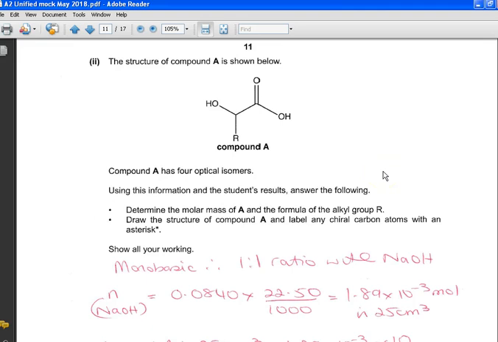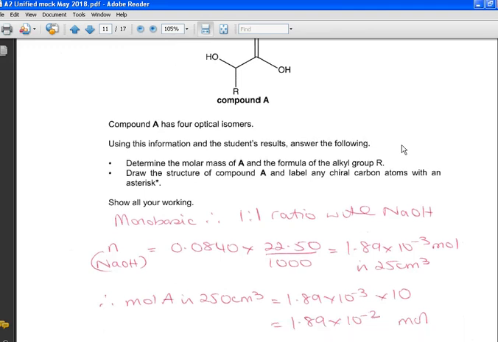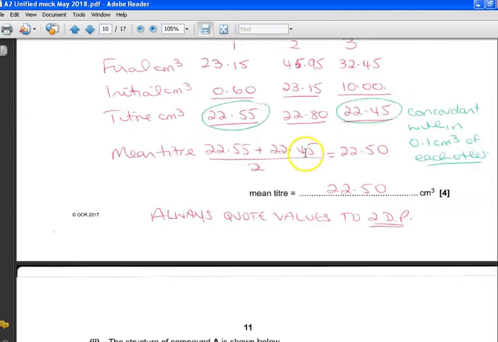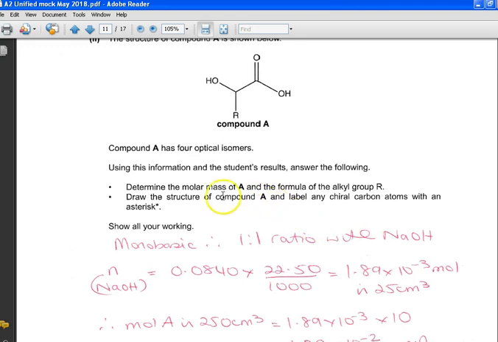Right, okay, we are told that compound A looks like this, and it's got an R group on the side, and we don't know what the R group is. It's also told that it has 4 optical isomers, so it must have 2 chiral carbons. Use the information and the students' results, so you're going to have to use this value somewhere.